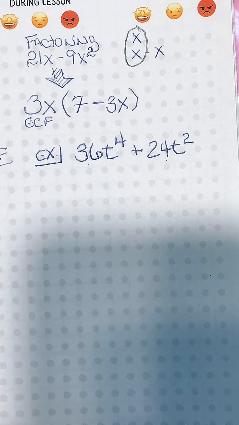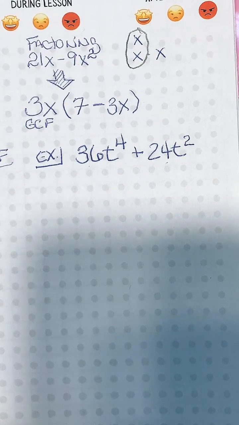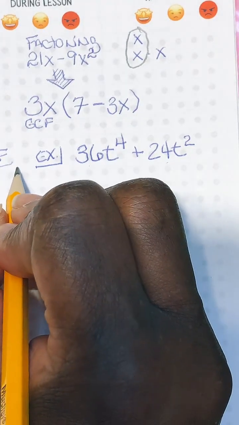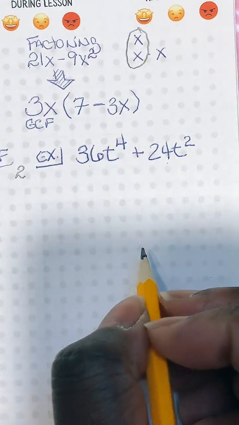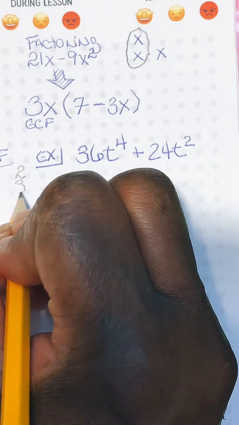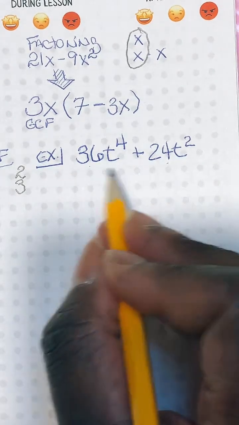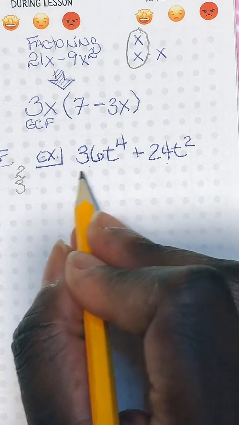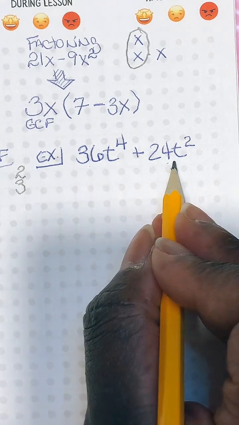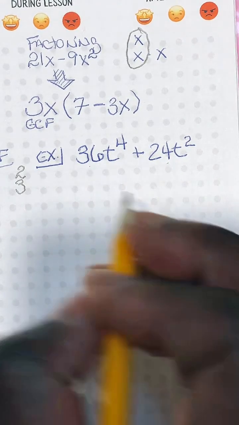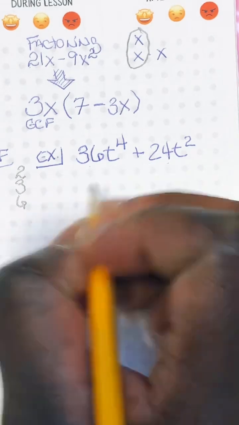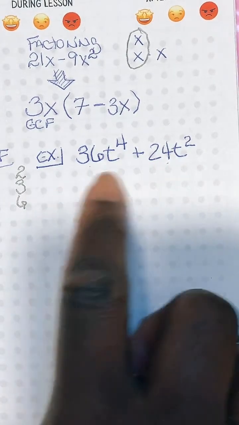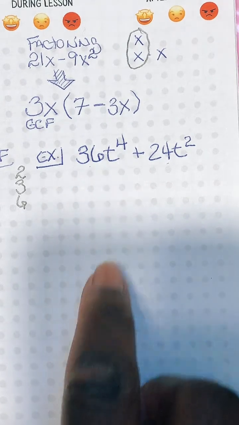What's going on? So we really need to get to know our multiplication table. So we know we have multiples of 2s. Okay, we have 3s. We don't have 4s because of the 24. We don't have 5s because they don't end in 5 or 0. We do have some 6s. Don't have 7s. Don't have 8s because of 36.